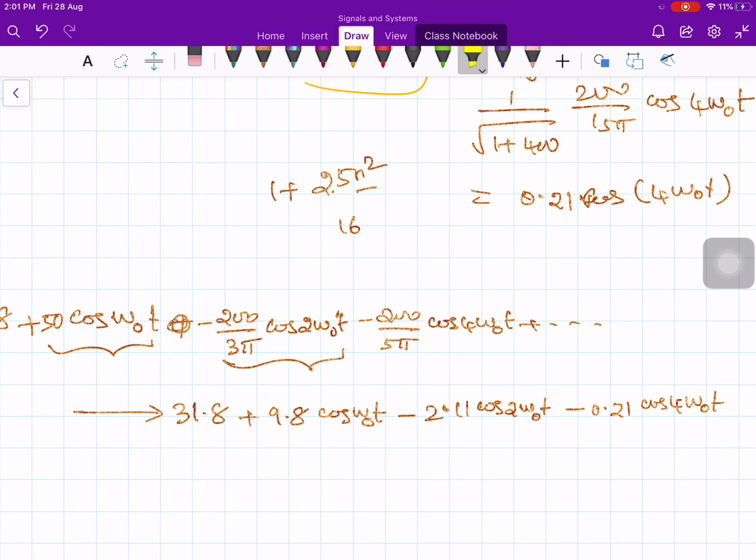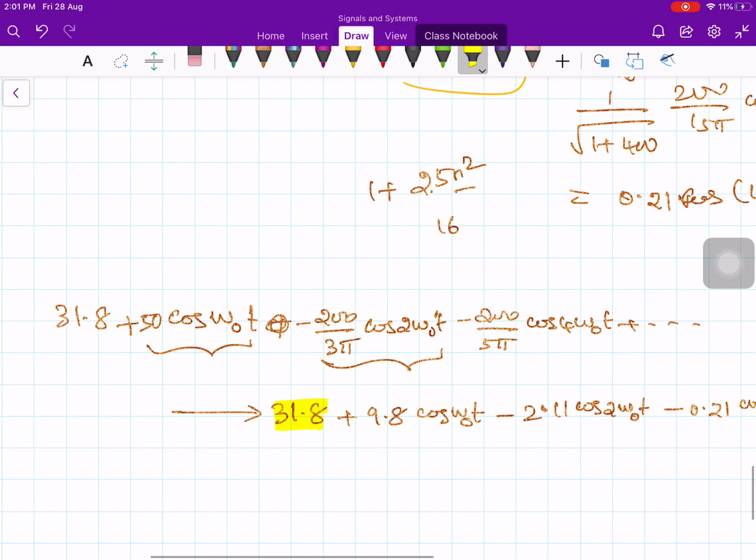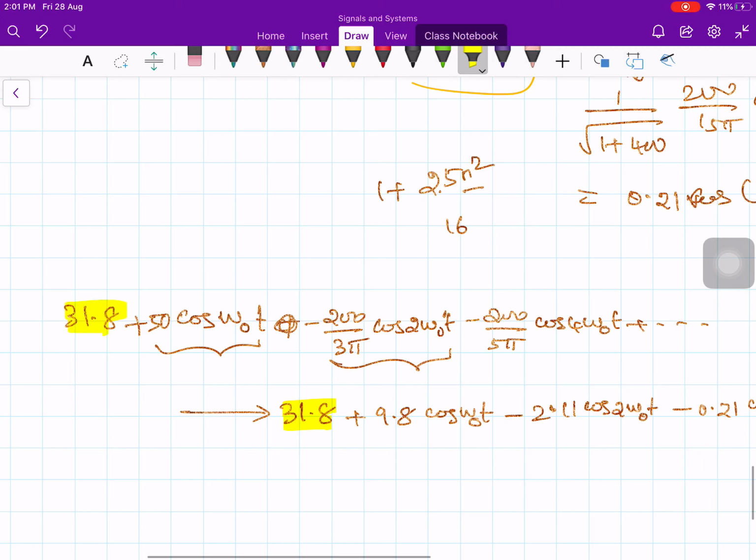You can notice that the 31.8 volt in the input and output comes as it is, but the 50 volts becomes 9.8 volts, no problem considerably. The second harmonic input is roughly 21.2 volts, and the fourth is roughly 4.24 volts.